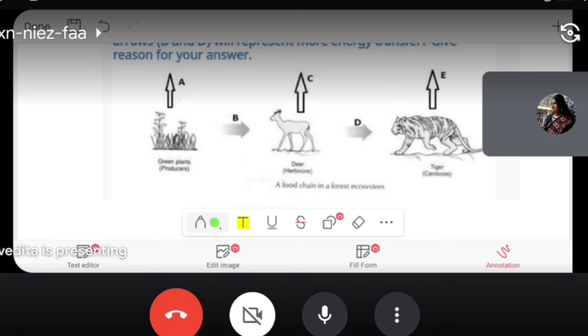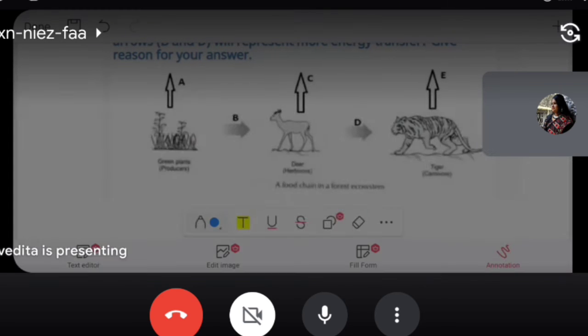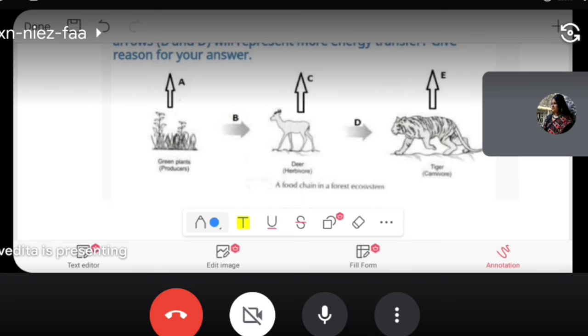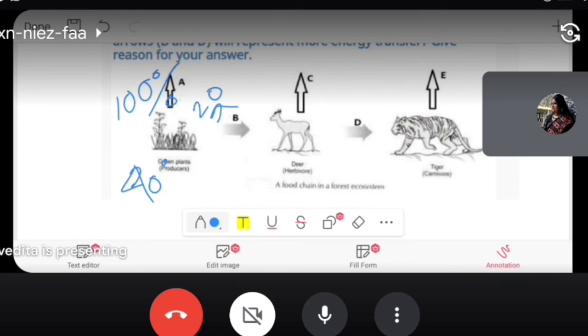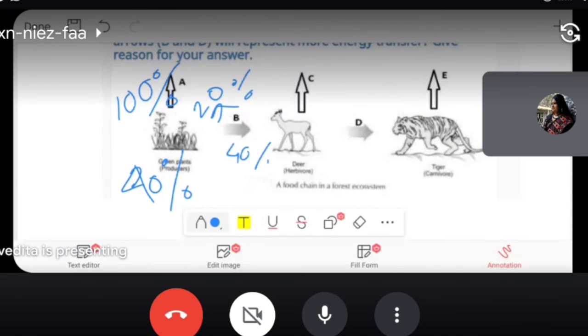If the plant produced 100% energy, just think 20% energy they lose to the environment, then they do their activities and fulfil their nutrition, like 40%, so here 60% is already gone, and only 40% is left, so 40% will be transferred to the primary consumer.